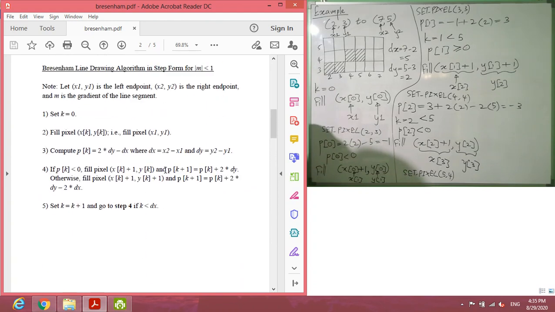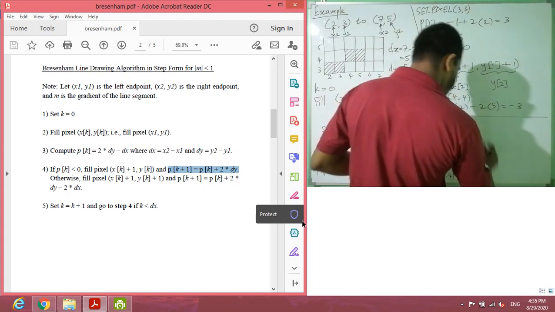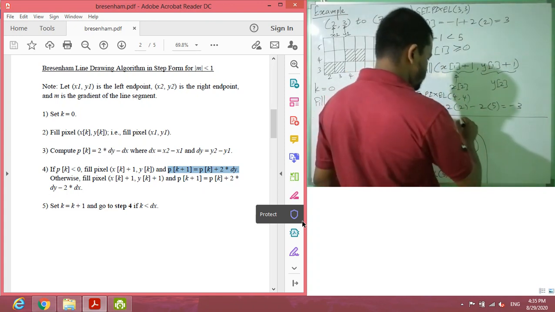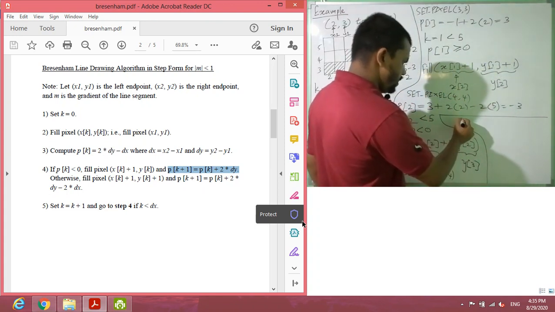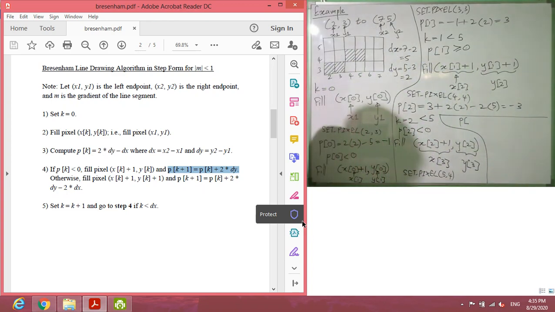After filling, we have to again compute this one. Okay, I will do it here. P k plus 1.